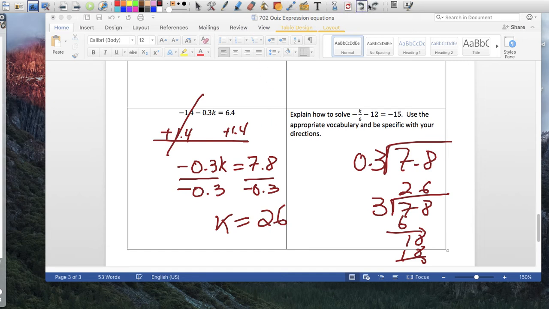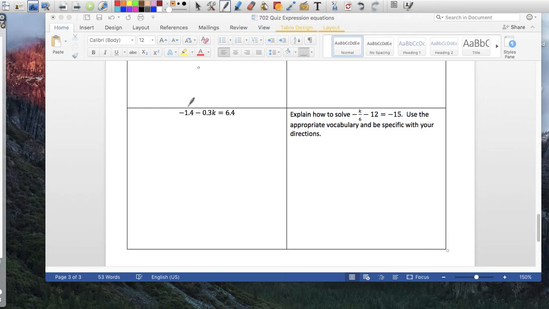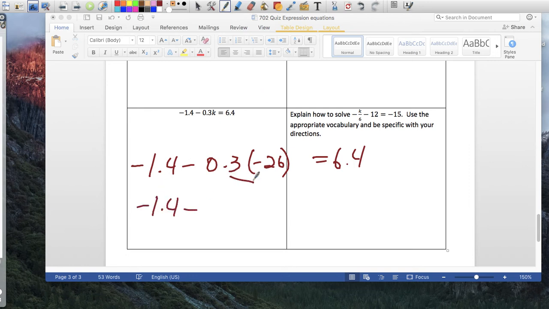That's one less mistake, and that's why we have a check. So it's negative 26. Erase. Now it makes sense. Negative 1.4 minus 0.3 times negative 26. Is that all equal to 6.4? Well, let's see what that is. So 26 times 0.3 is going to be 7.8. Right?